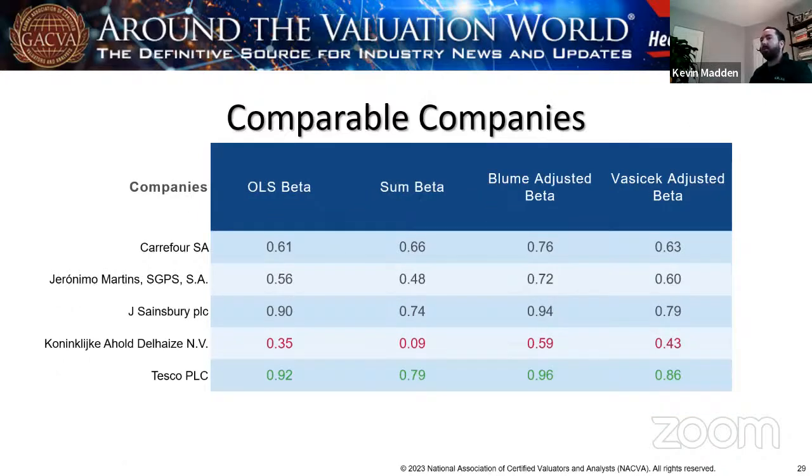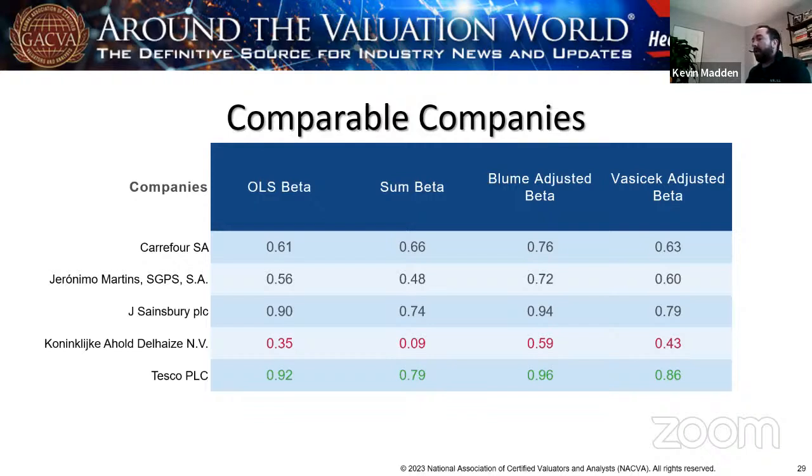Okay, so our first beta estimate is again going to be the OLS, or ordinary least squares. That's your simple slope function, a very simple linear regression. The second, as Carla was saying, is our sum beta. That's adding a second variable into the regression, in other words, a multiple regression. The idea here is we're adding lagged market returns as the second variable.